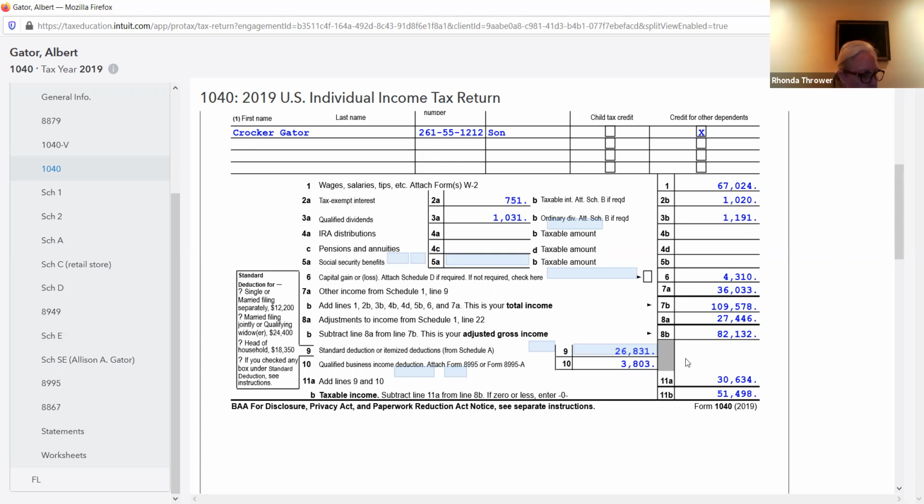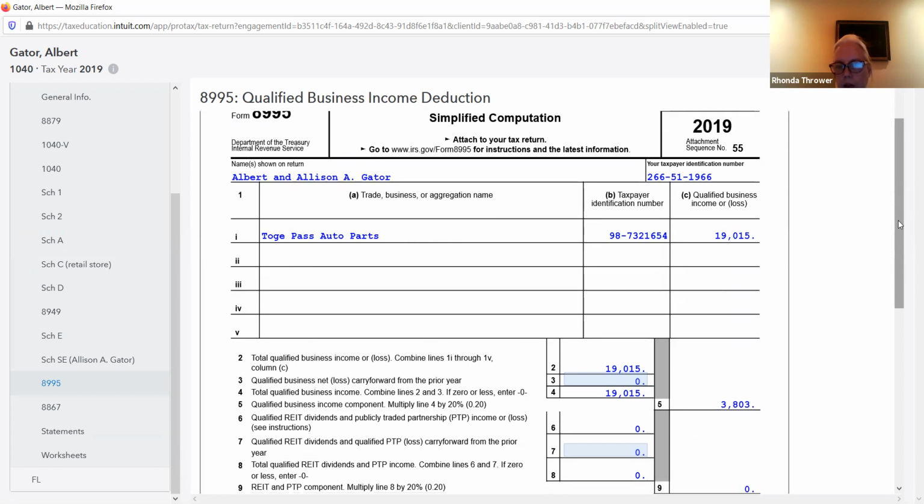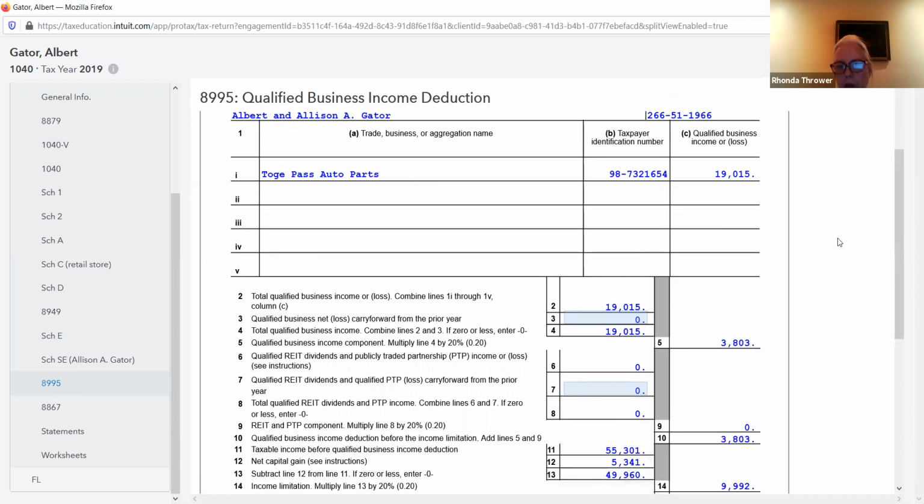I'm checking through my notes here though. Yes, you did. You had to do Form 8995. And that 8995 would be automatically generated for you. It would come from the information from the trade or business, which was Toad Pass Auto Parts. And the amount of the qualified business income or loss was $19,015.